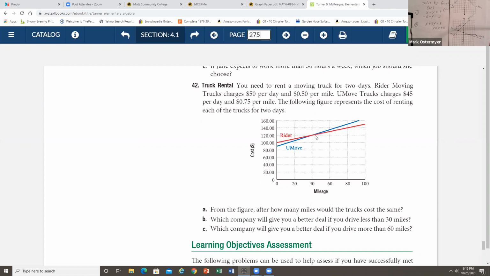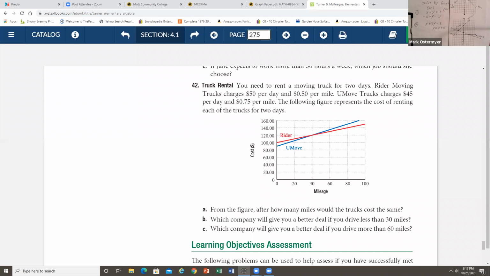That's the U-Move rental. And there's no surprise why it has the greater slope, because the U-Move rental charges you 75 cents per mile, whereas the Ryder, the red line slope, is only 50 cents per mile. So notice the U-Move blue line has a slope that is 25 cents per mile greater than the slope of the red line, the Ryder rental.